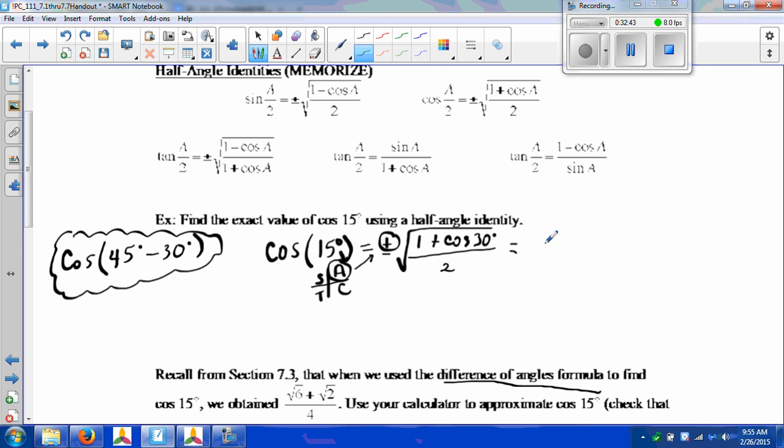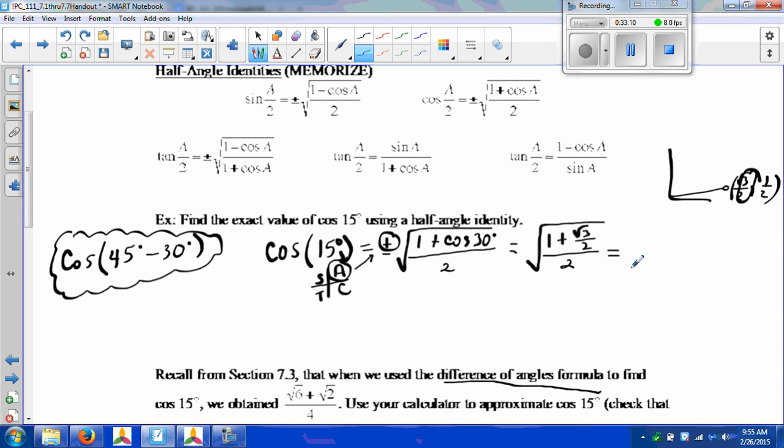So then I get just the positive. I'm not going to use the negative anymore. 1 plus the cosine of 30 degrees. That's here again, so that's 1, 2, 3, and then 1/2. So root 3 over 2.